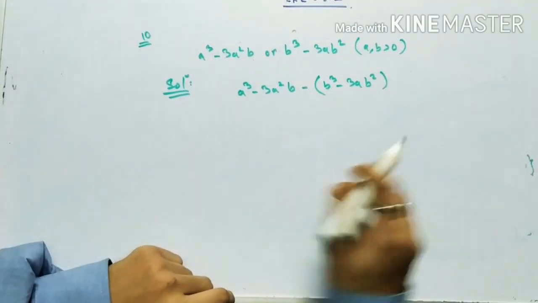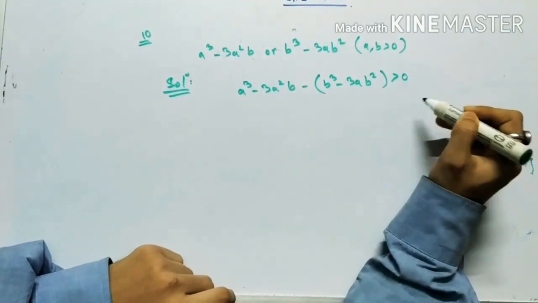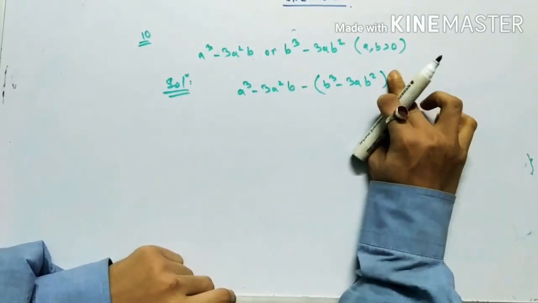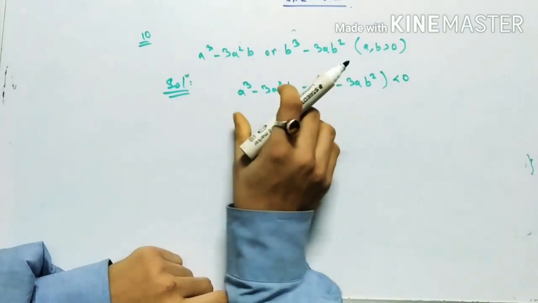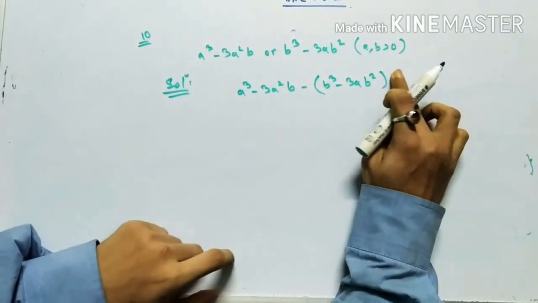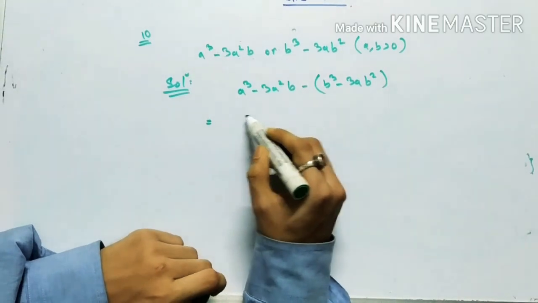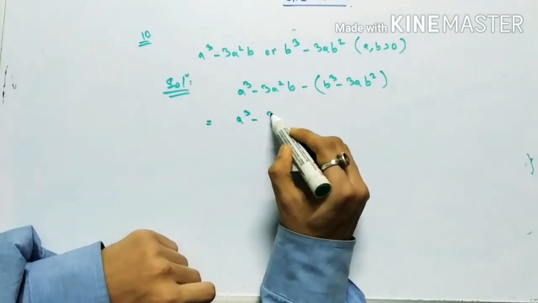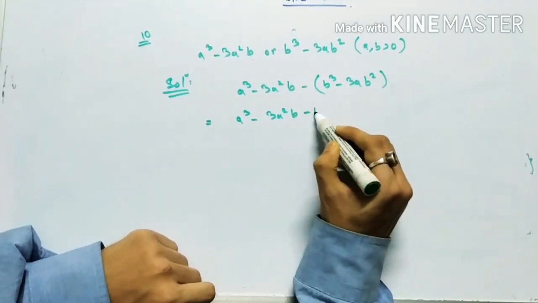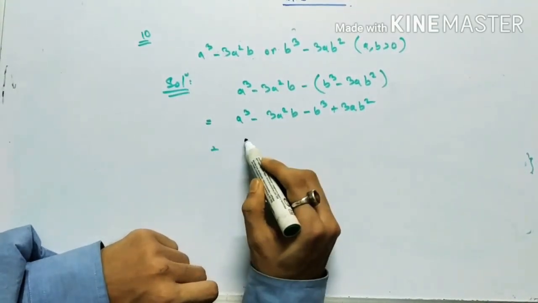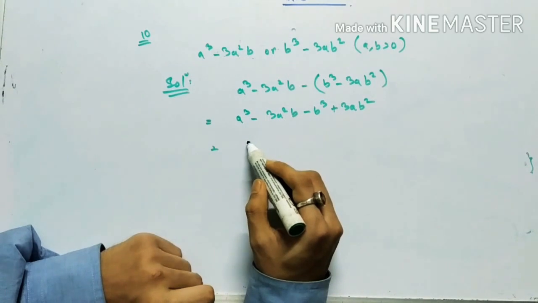Now I will solve this, and if I can show that this is greater than 0, then the first will be greater than the second, and if it is less than 0, then the first will be less than the second. So a cube minus 3a square b minus b cube plus 3ab square.